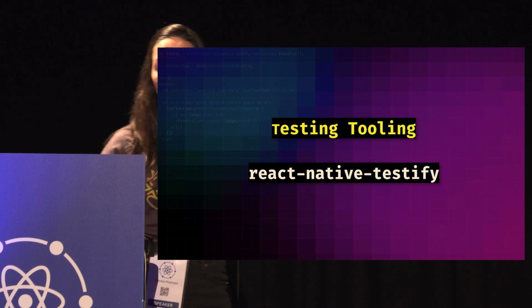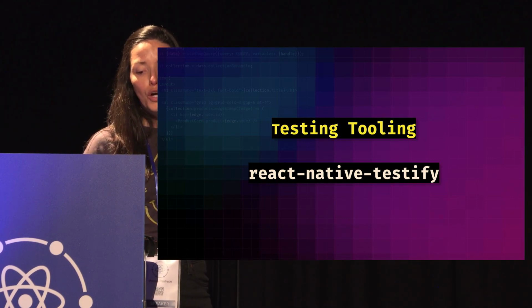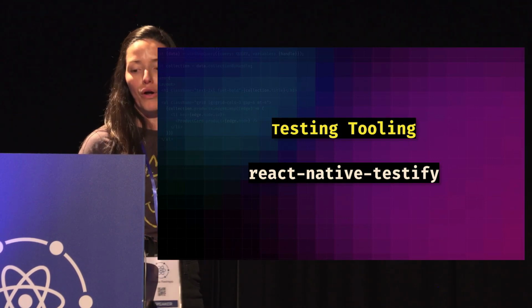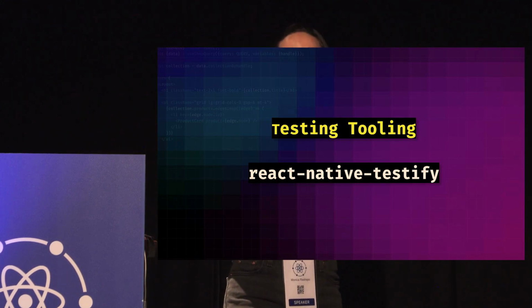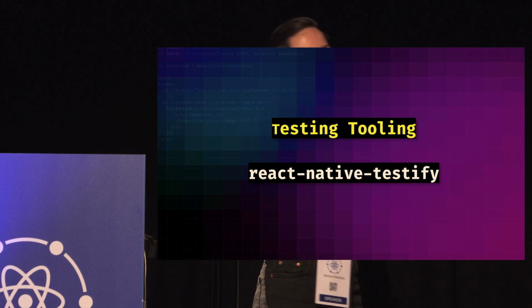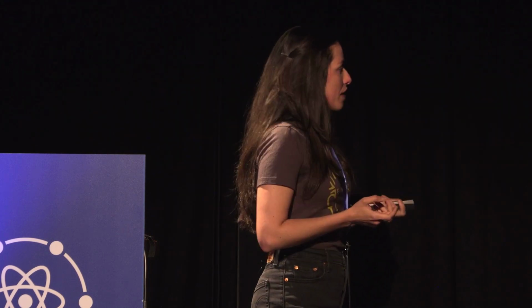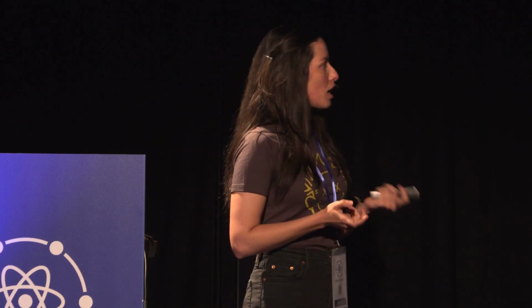Then we also strive for creating tools that facilitate our own internal process for testing. When we don't have them out there in the public, we create them. We are currently working on React Native Testify, which is a snapshot type of library that helps us test UI. I think I have a video for this one.